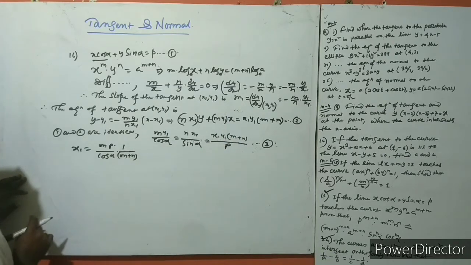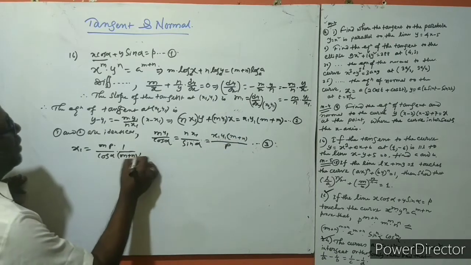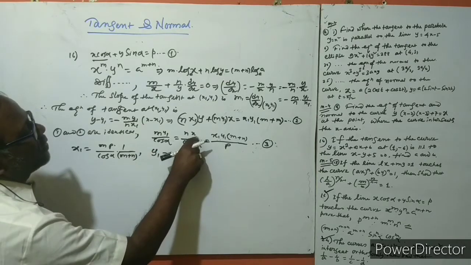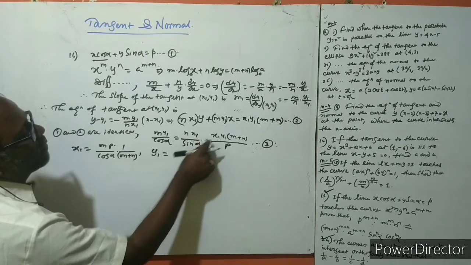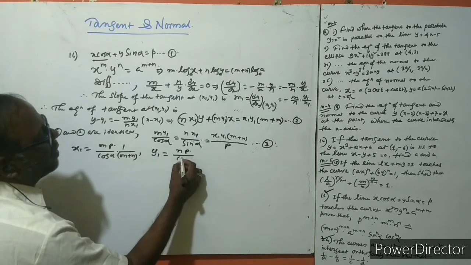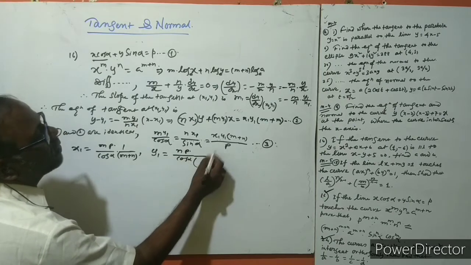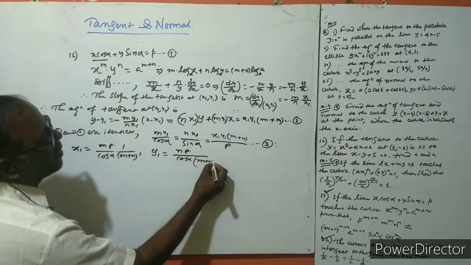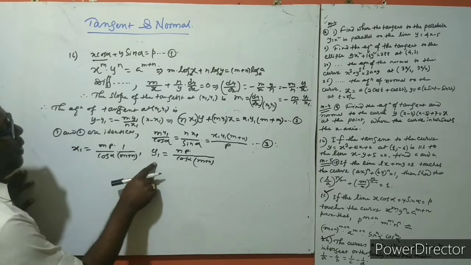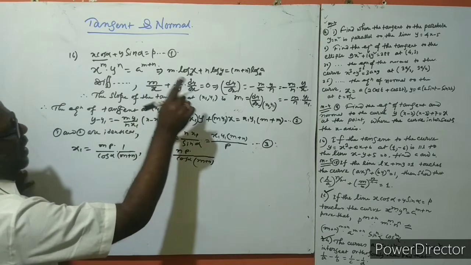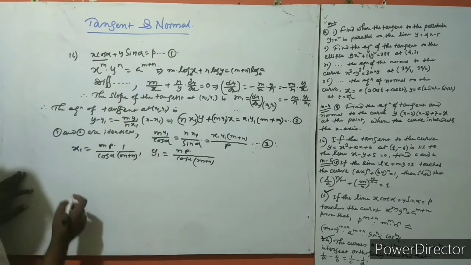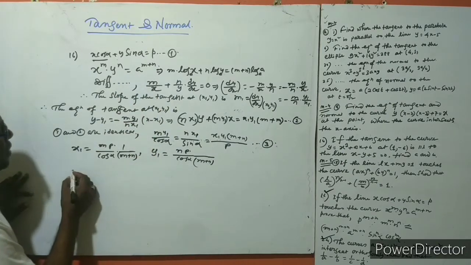Similarly, y1 can also be written, with x1 cancelled, as n p by sin alpha into 1 by m plus n. These two values of x1 and y1 satisfy the curve. The curve is this. Now the point.